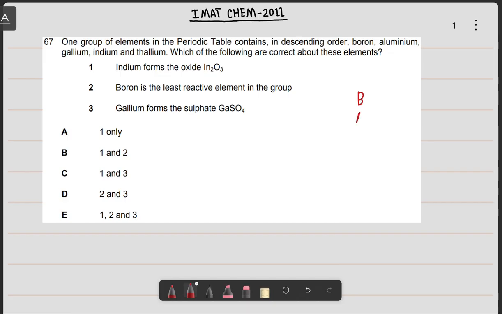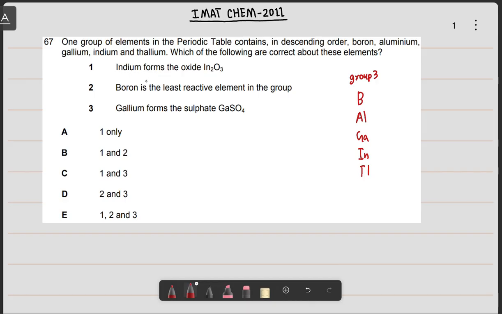Boron comes first, then down below is aluminium, and then gallium, indium, and thallium. So we know that these five elements belong to group 3 in the periodic table. Now let's move on to these three statements.